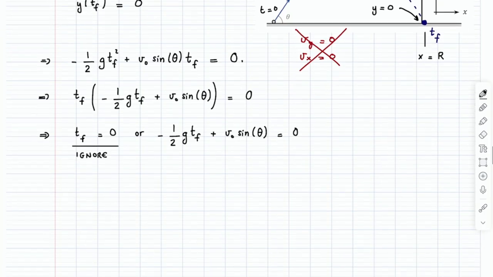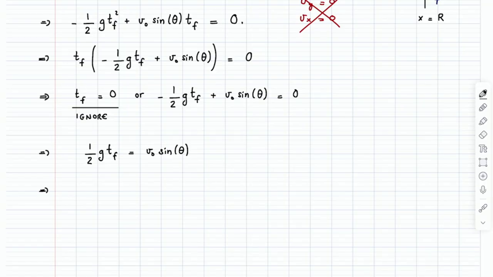So we ignore this, and it leaves us with 1/2 of g t final is equal to v naught sine theta. And so therefore, t final is equal to 2 v0 sine theta divided by g, which, if you've been paying attention, is 2t1.